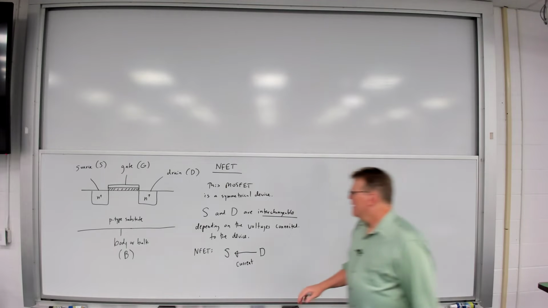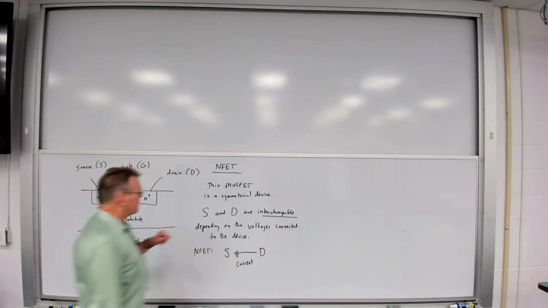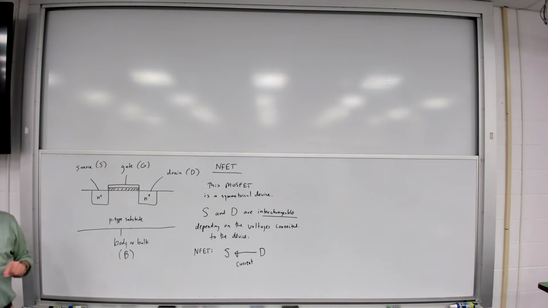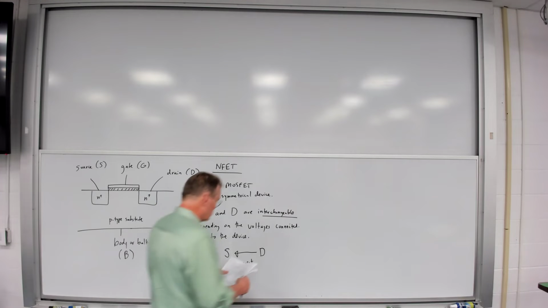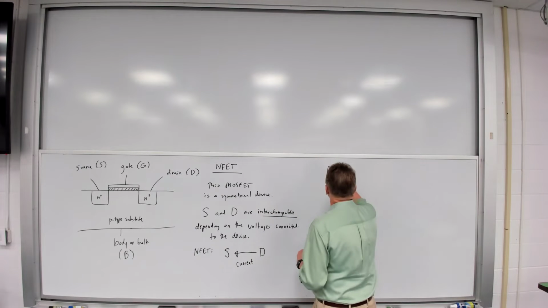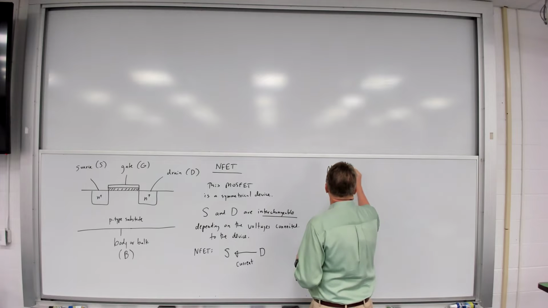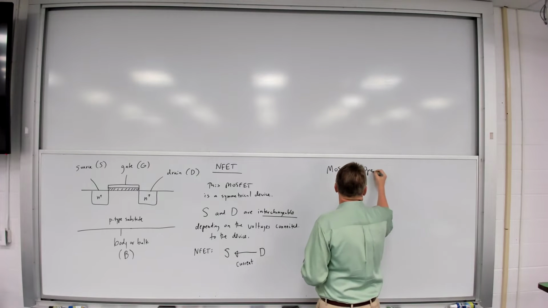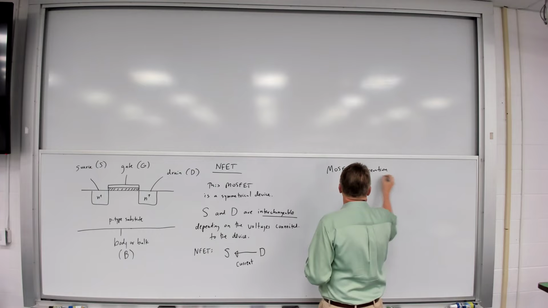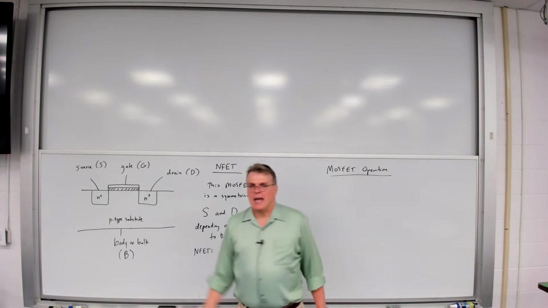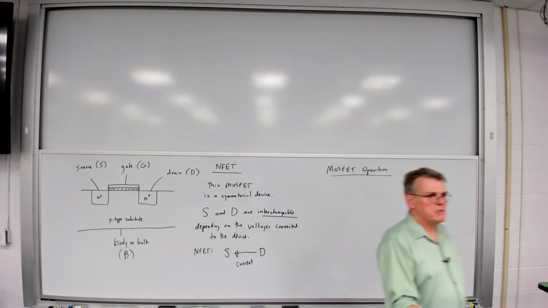So let's look at this, and let's go through and start connecting this circuit to some things. And let's see how this device is going to work. So what I'm first going to do is, with my MOSFET operation, in order for interesting things to happen, I've got to connect sources to this device.